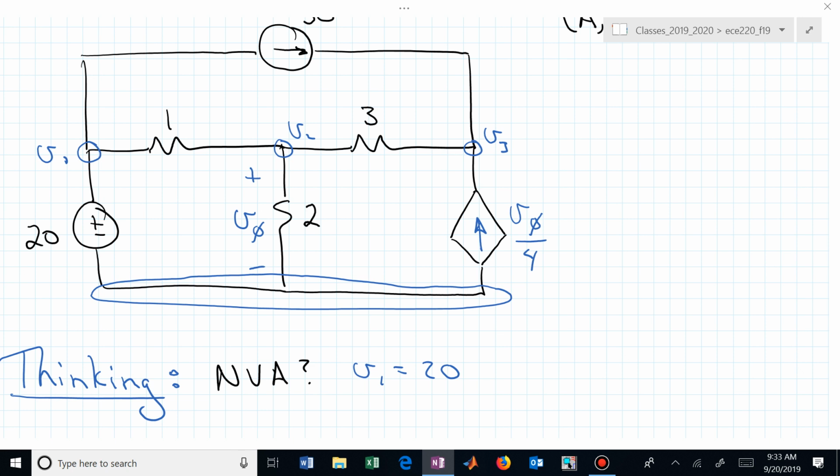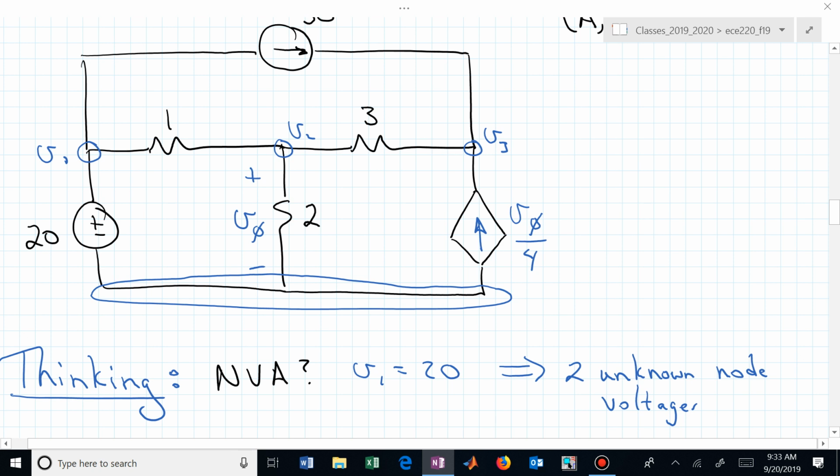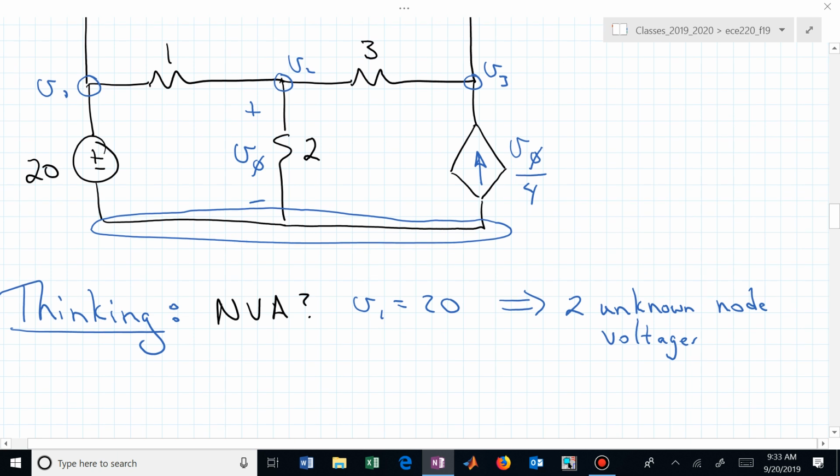now that has a dependent source, so I now have two unknown node voltages. I'm writing this out. You would not have to necessarily think out loud or think literally with writing this information, but you're kind of processing this as you're going.